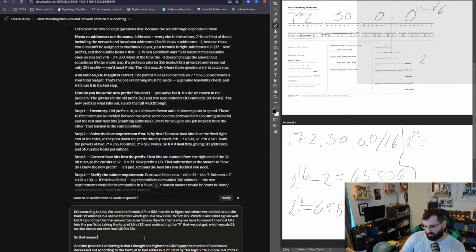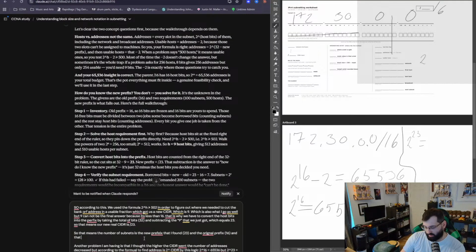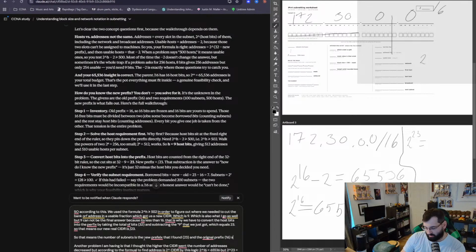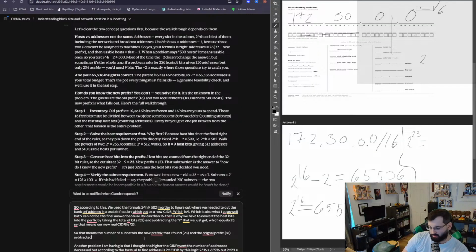So that means the number of subnets is the new prefix that I found, 23, and the original prefix, 16, subtracted to make 7 groupings.